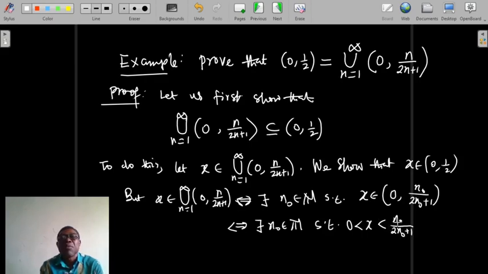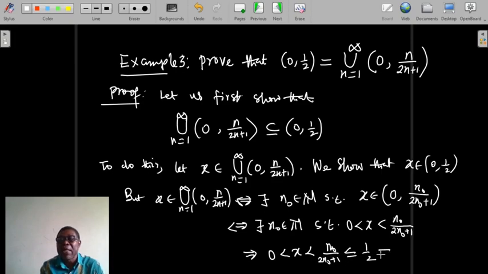And from the example 2 we did above, remember the first example I labeled example 1, the other one should be example 2, and this one now is example 3. From that example 2, we know that this n naught over 2 n naught plus 1 is less than or equal to half. So this will imply that 0 is less than x, less than n naught over 2 n naught plus 1, which is less or equal to half.